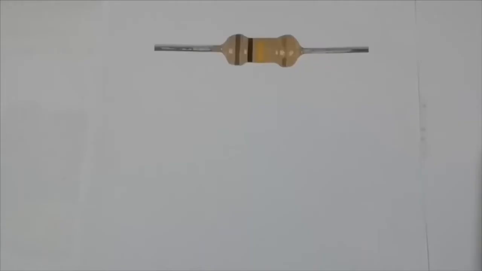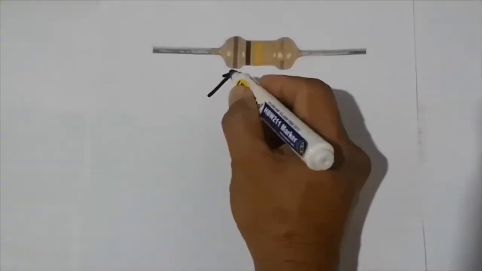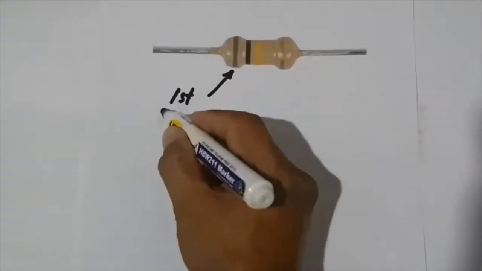This is how we will read the value of the color codes of a resistor. The first color band is brown. This is equivalent to 1.